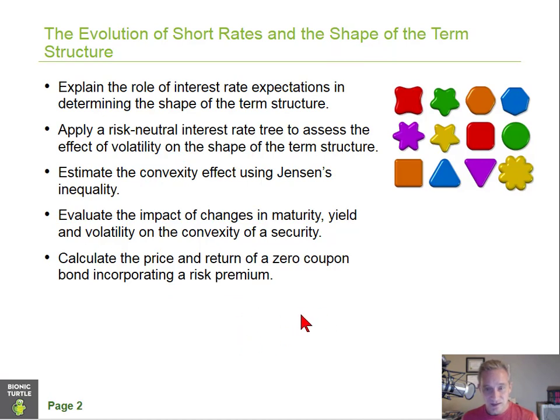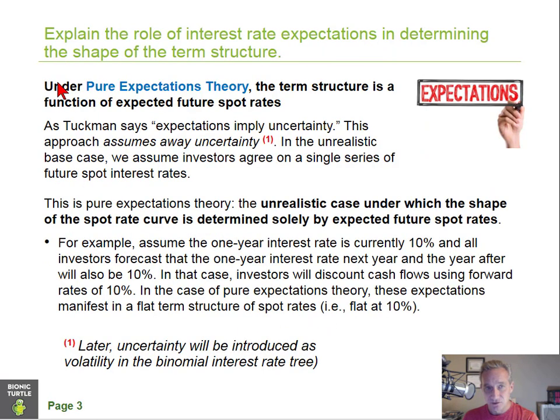With that said, we'll take a look at the first learning objective, which sets up the baseline that we're then quickly going to shift away from. That is pure expectation theory. As Tuckman says, expectations, that very word implies uncertainty.